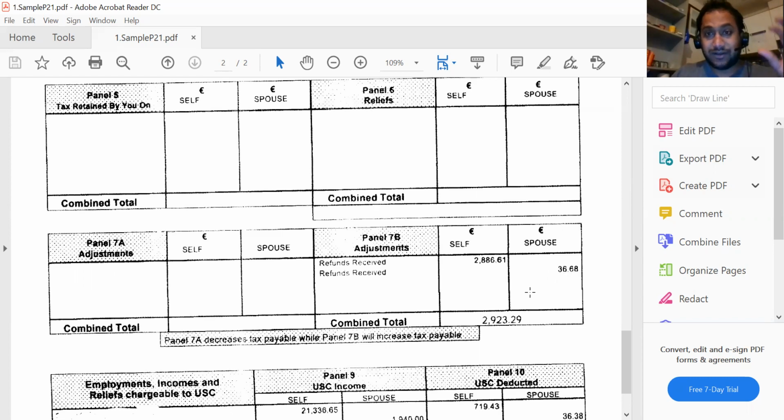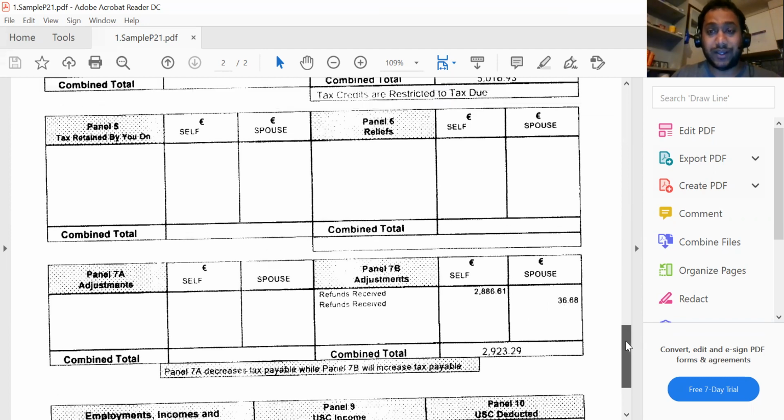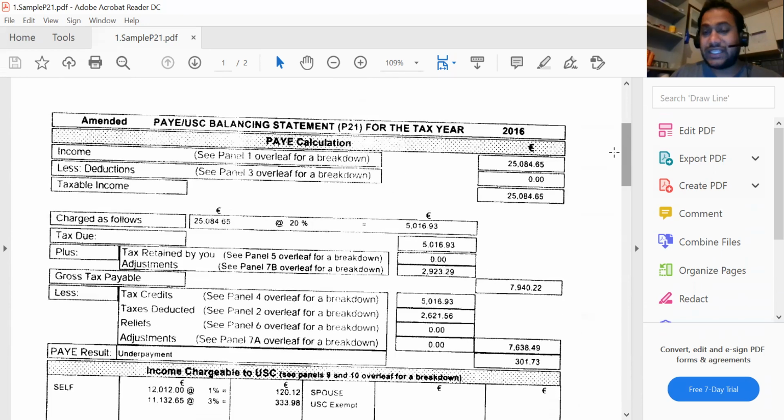So the adjustments on the tax would be the refunds which you received over the year. As you receive refunds, you add them back to the taxes to know how much money you owe to Revenue. But out of this tax money, you deduct the credits which you get, and you also deduct the tax you paid to date.